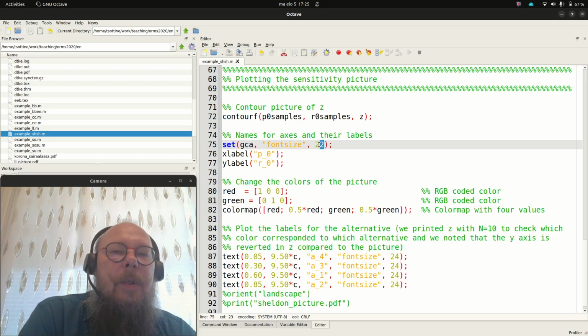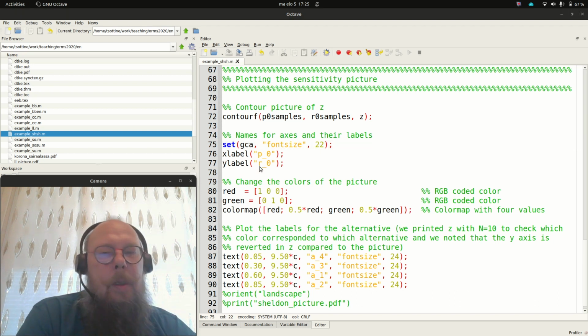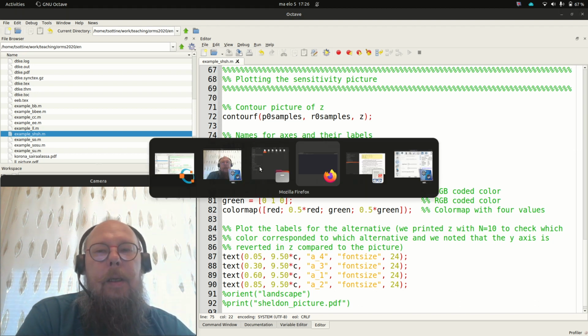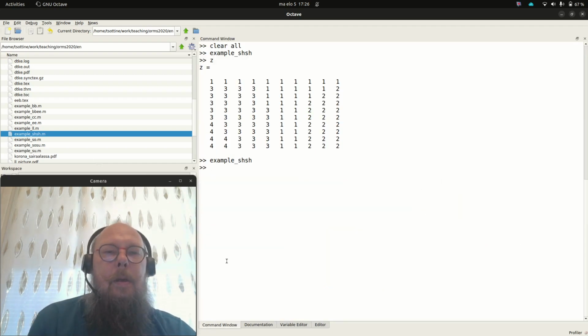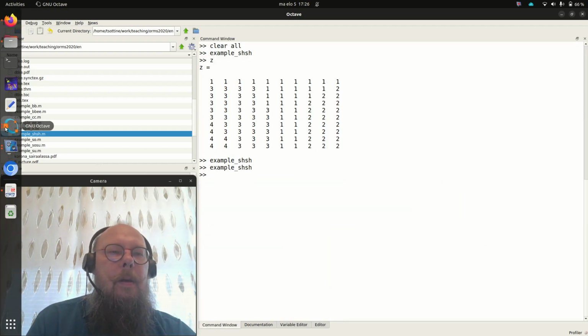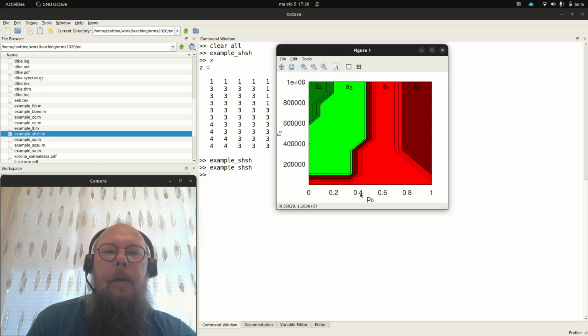Font is 22 points. And then xlabel, this is what will be there, P0, and ylabel R0. So that we get this here, this P0 and this R0.